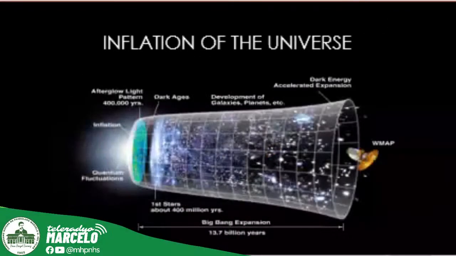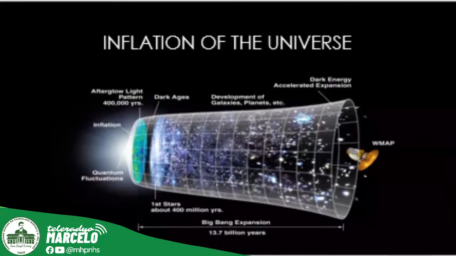And this Big Bang theory has something to do with the formation of light elements. Let me discuss how these elements were formed during the process known as Big Bang nucleosynthesis. We cannot imagine how hot and dense the universe was after the Big Bang.